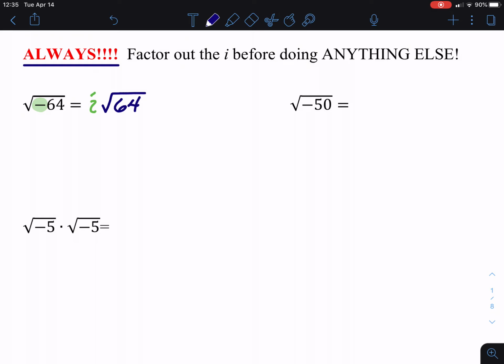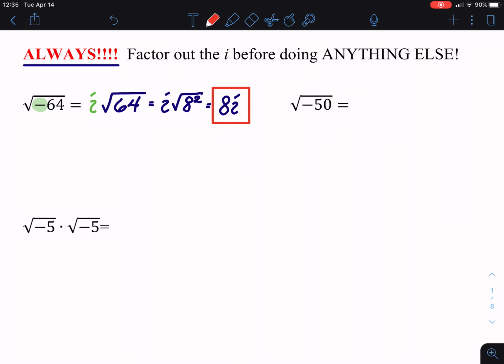Well, I know that 64 is 8 squared, and so the square and the square root undo each other, and I can write this as 8 times i as my solution. Just for consistency's sake, we will always write the real number in front, and i will go behind it, much like we do with a variable.